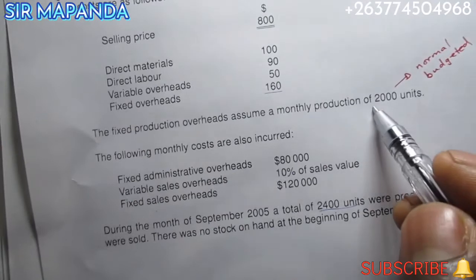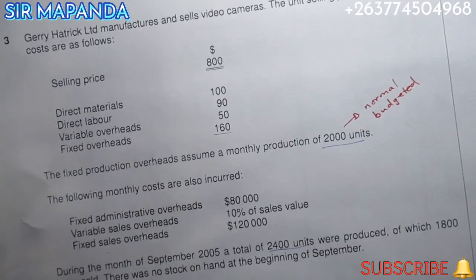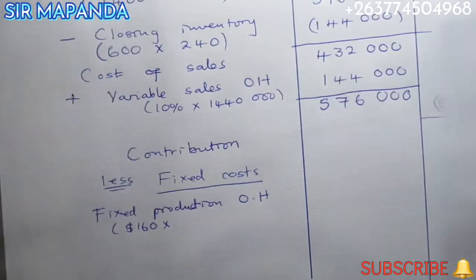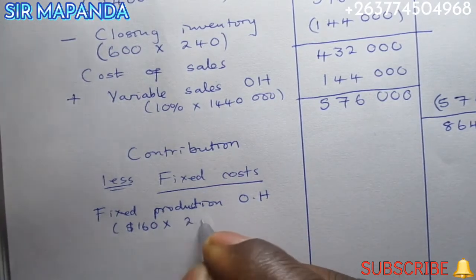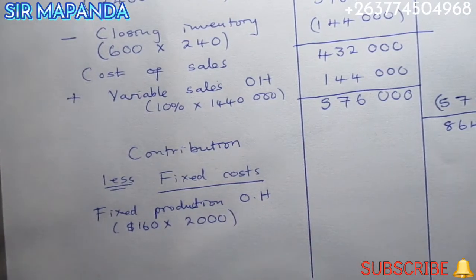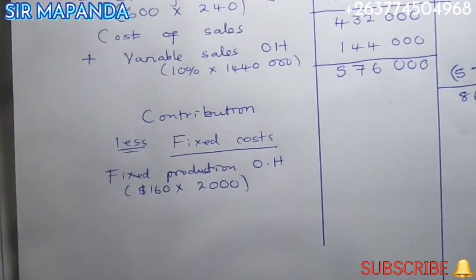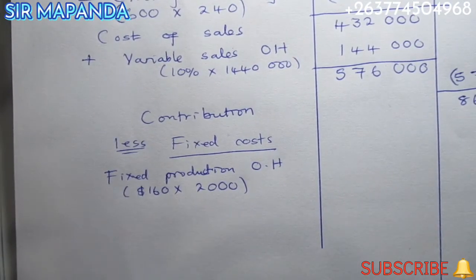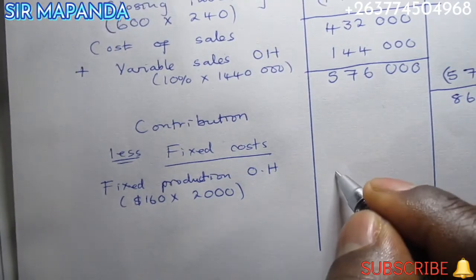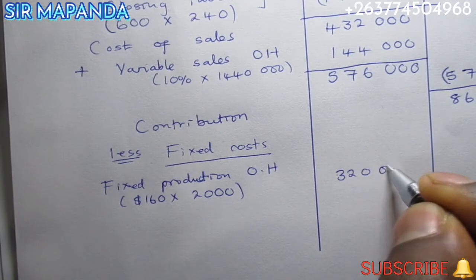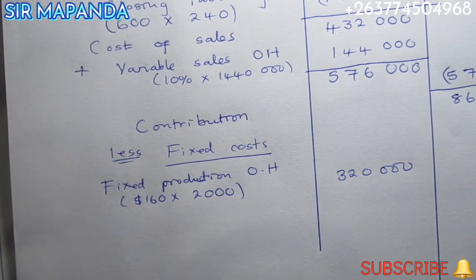You have to multiply 160 with the normal budgeted level of 2,000. So I'm going to multiply it by 2,000 and not by 2.4. Take note of that. So 160 times 2,000, you get 320. So you write 320,000 here. I hope you are following.